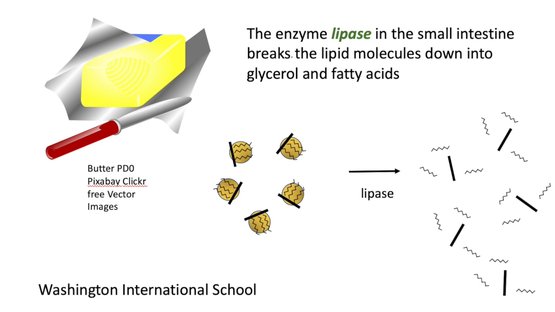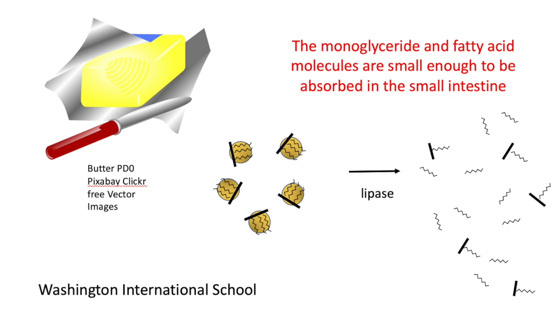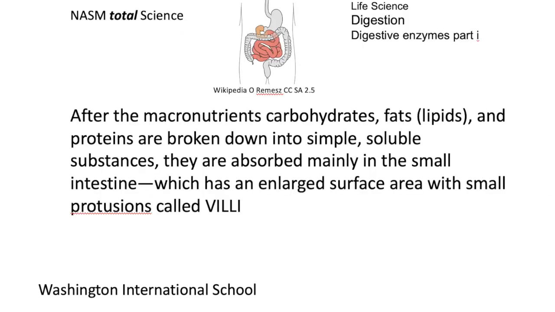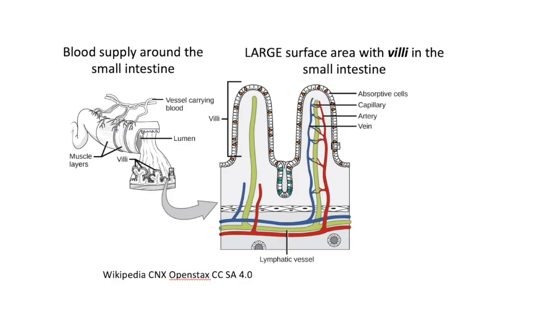And then this breaks it down into a form that is small enough to be absorbed in the small intestine. So once they're in the small intestine broken down, they're going to be absorbed because the small intestine has a very enlarged surface area with these finger-like villi to maximize the amount that is absorbed.